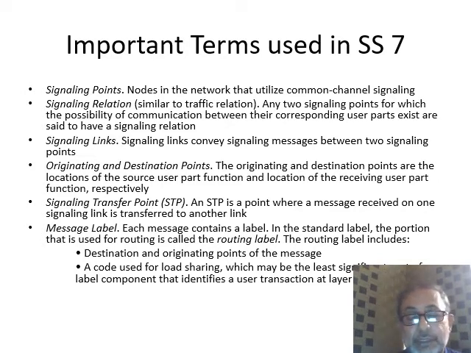We have the originating node address and the destination point address. Similarly, we have signaling transfer points and message labels. What are message labels? Let's see them in our notes.